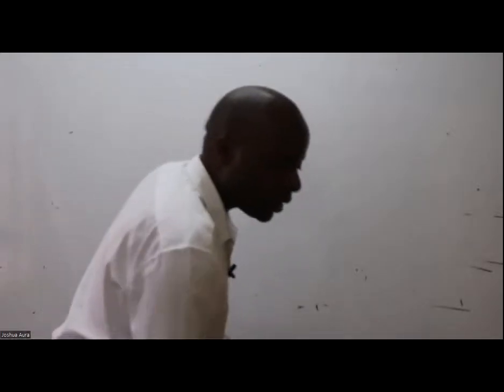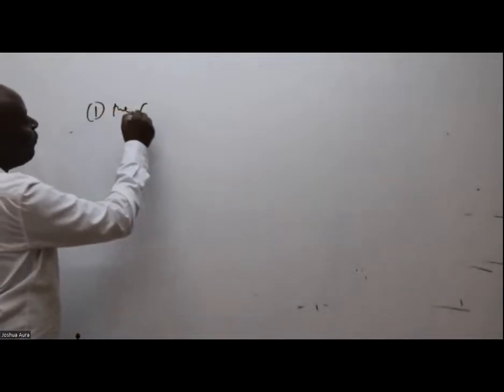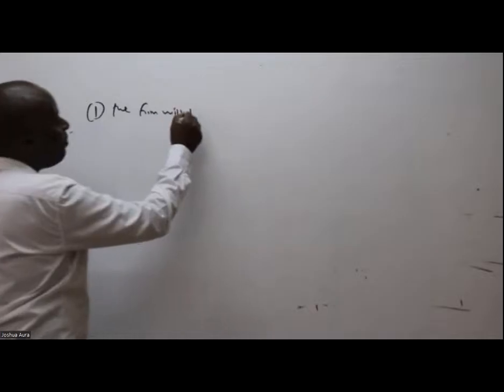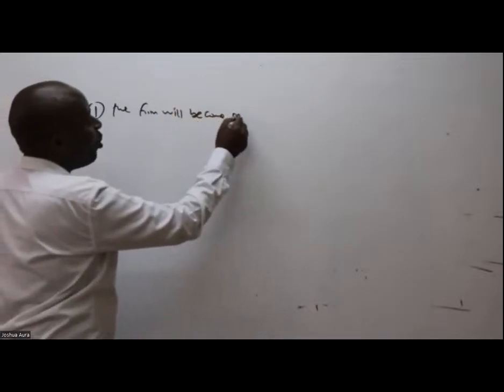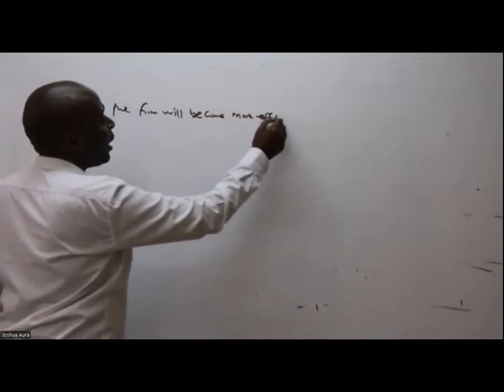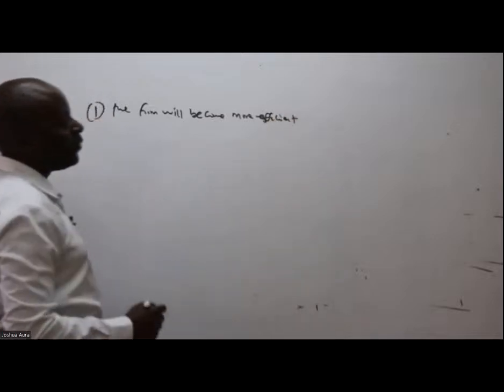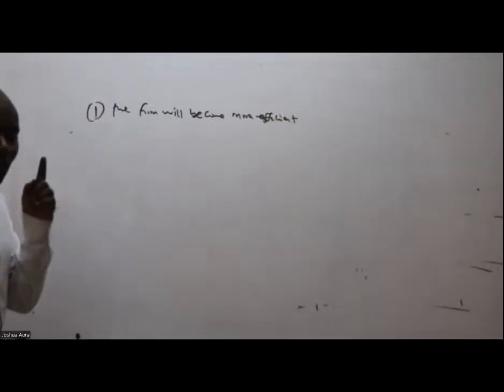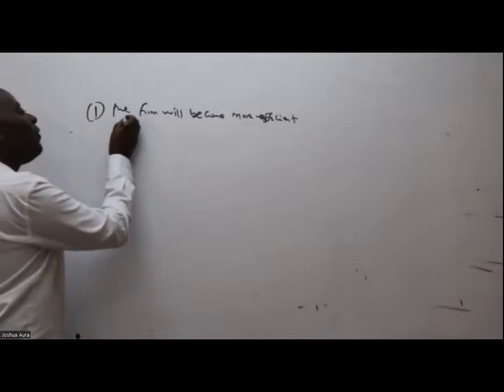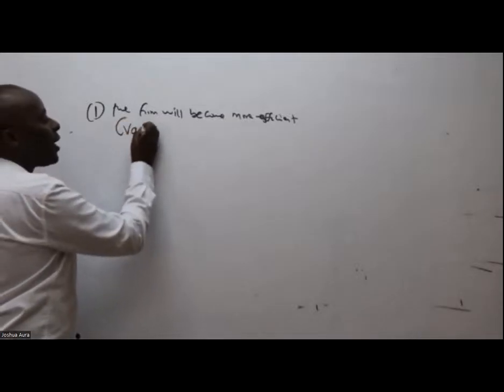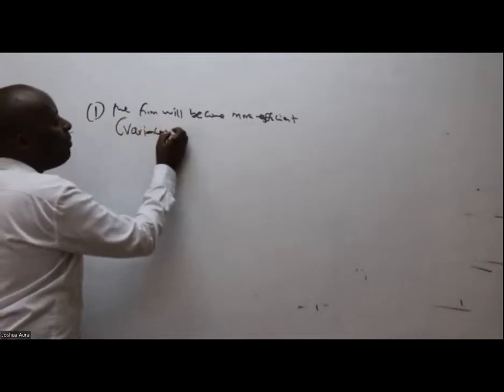We are saying, ladies and gentlemen, that the first consequence is that the farm will become more efficient. Our farm will become more efficient. More efficient because of what here? Because of the variances being computed. The variance, especially labor.